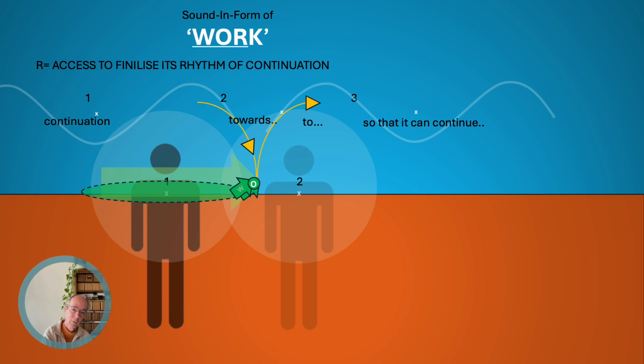So I have this continuation in the background with my own engagement towards that point that I engage again to the continuations, so that it can also continue with a formula so that I can be successful in what I'm doing.